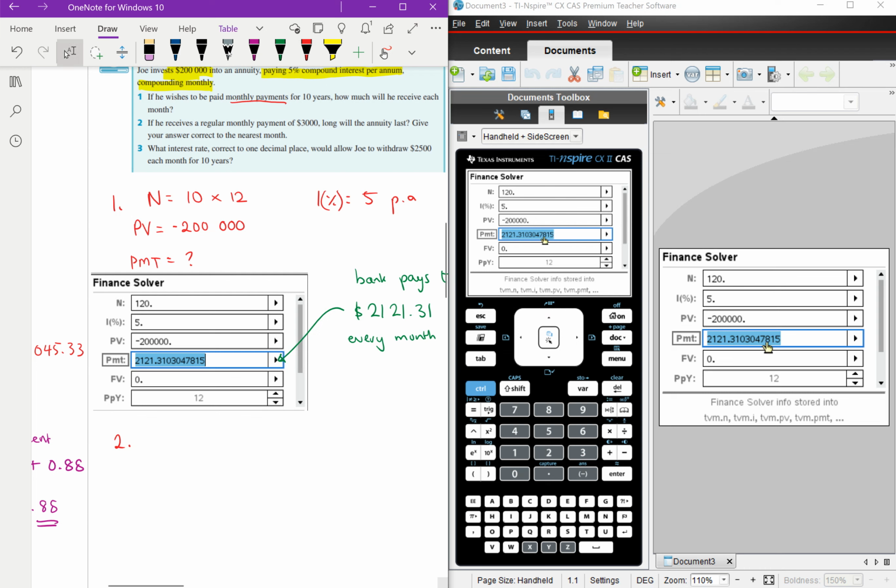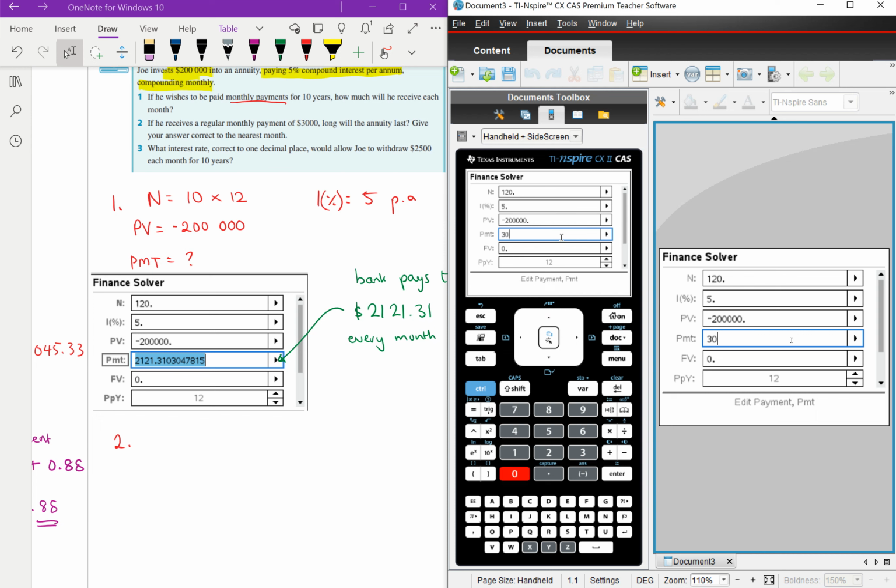So in this case here, very similarly, we are now saying, what if the payment instead of $2,000 was like, oh look, actually every month I prefer in the next 10 years I earn a bit more than $2,021 and I want $3,000. Okay, so I'm giving the bank $200,000, or Joe gives the bank $200,000 and saying, look, I don't want to earn $2,000 every month. That just seems very little. I want you to pay me $3,000 instead every month.